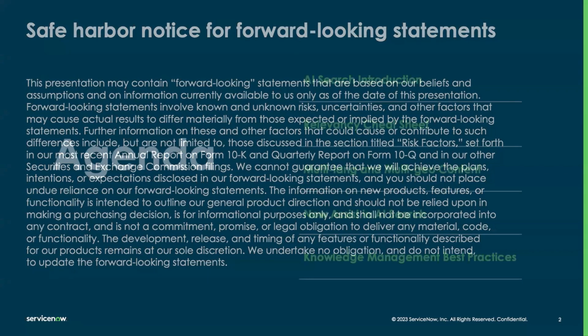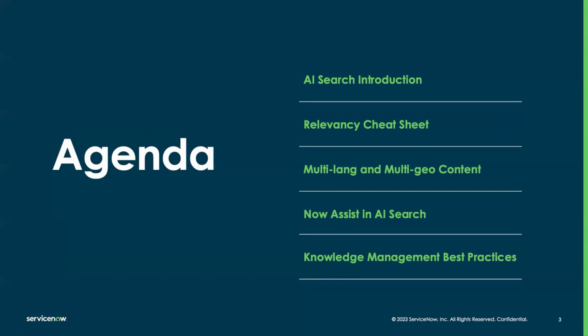And before I hand it off to our speakers, I did want to just cover the agenda at a high level. So Gerard and Shamus are here with us today, and I'll let them introduce themselves in just a moment. But they're going to cover an AI search introduction of what that is. They have some really great best practices in regards to relevancy cheat sheets, how to handle multi-language and multi-geo content.